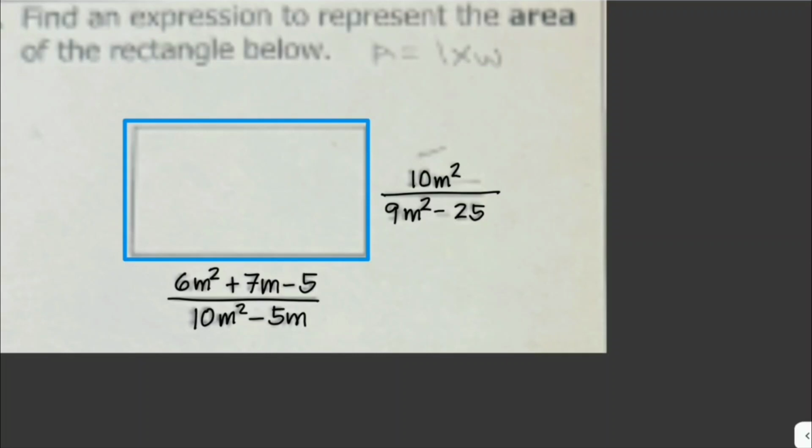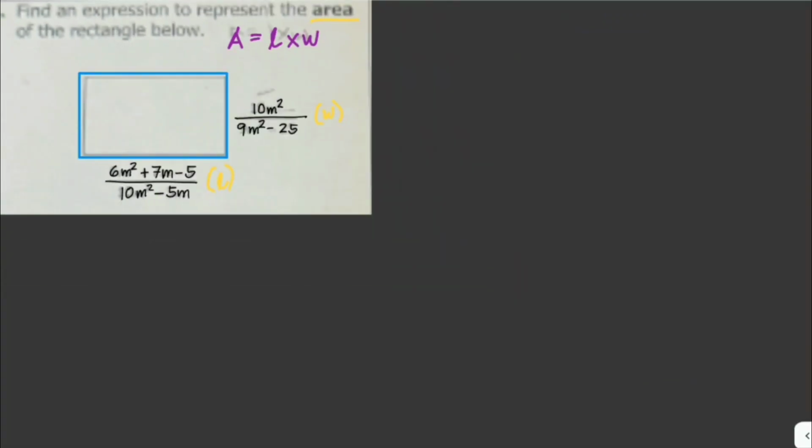So we're given here a rectangle, given the width and the length. This is the width and this is the length of the rectangle. All we have to do is find the area. The formula for the area of the rectangle is just equal to length times width.